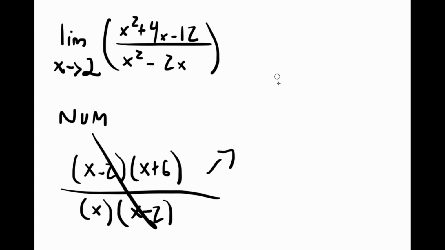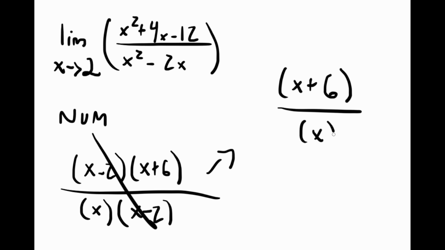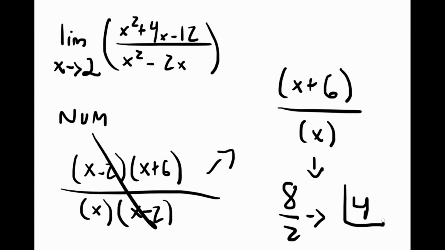So then what we're left with is x plus 6 divided by x. And now we could plug in 2, and that's just going to be equal to 8 over 2, which is equal to 4.